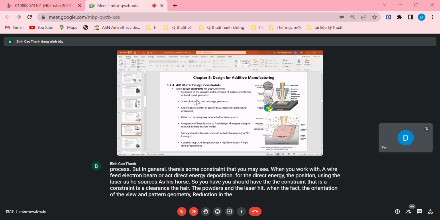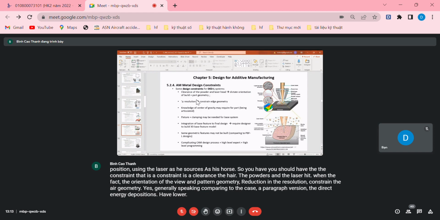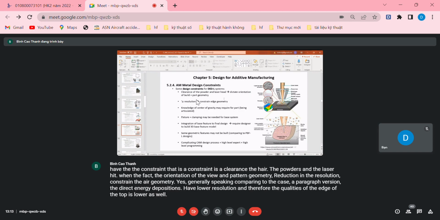Reduction in resolution constrains the edge geometry. Generally speaking, compared to powder bed fusion, directed energy deposition has lower resolution, and therefore the quality of the edge of the part is lower as well.